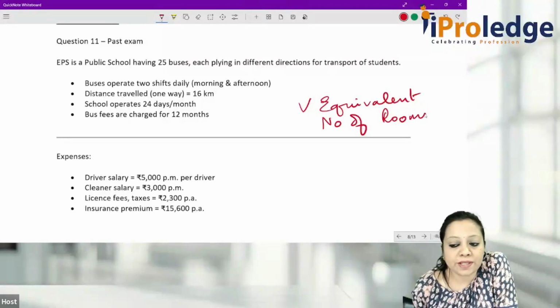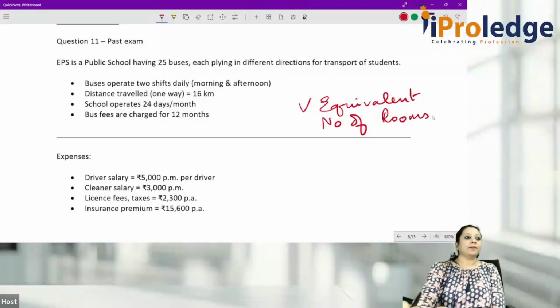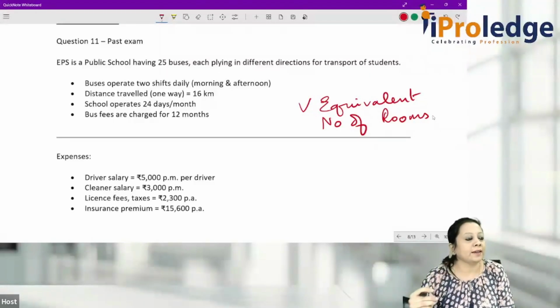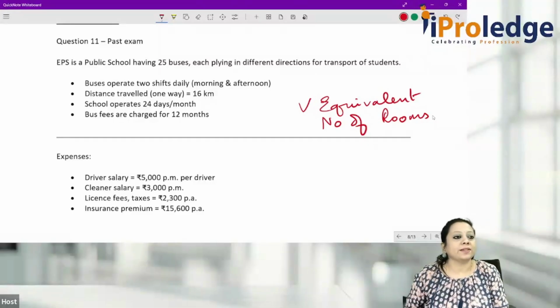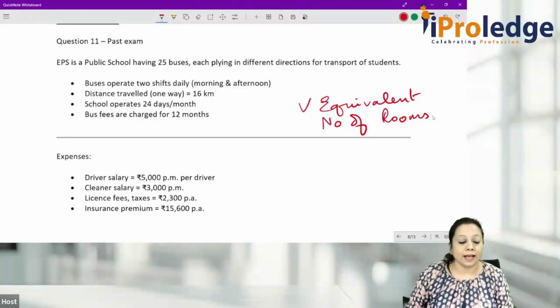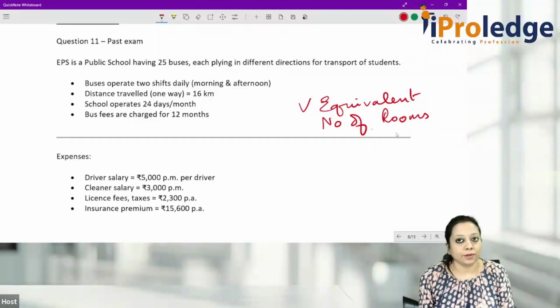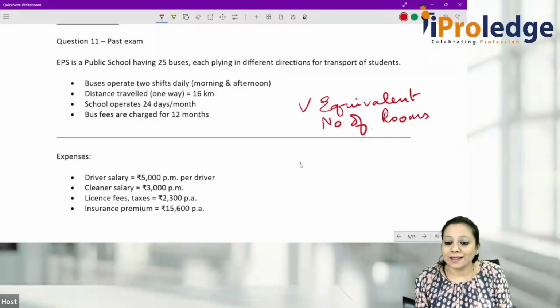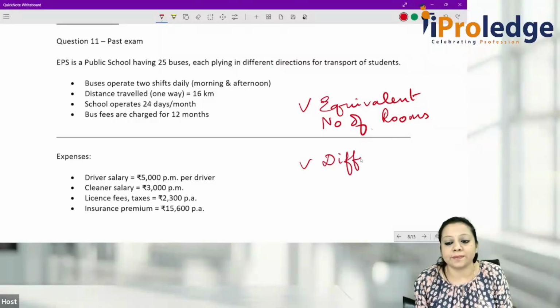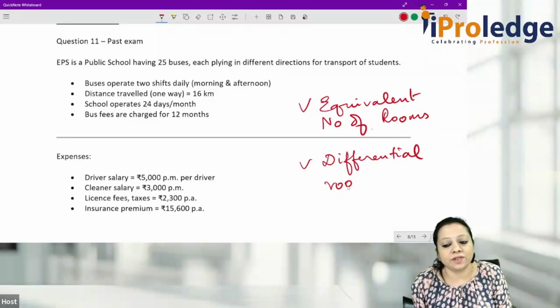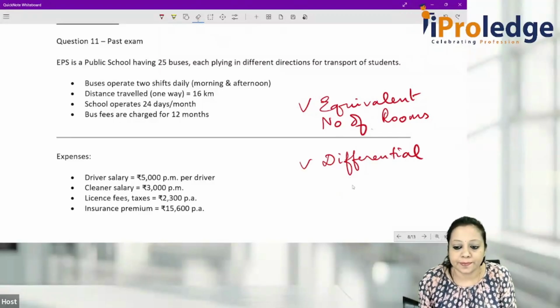This we have done, one question from past RTP, while we were doing in the regular class. It was given as homework and the next day I solved it in the class, if you all remember. So that is equivalent number of units or rooms, that is one. And then differential fares. These two are very similar.